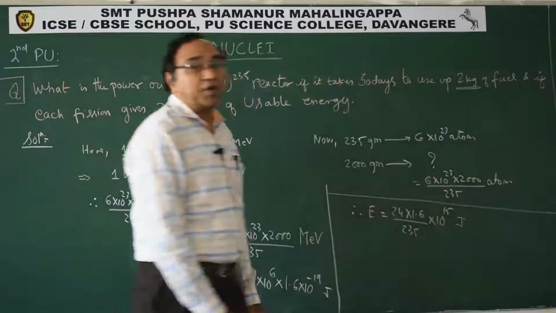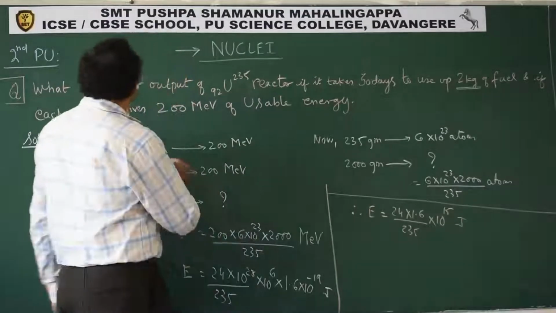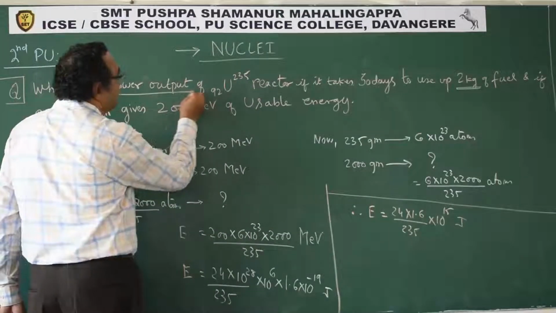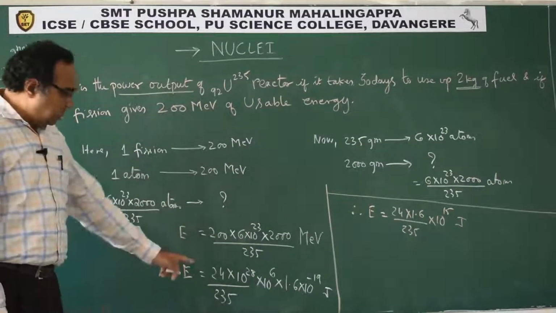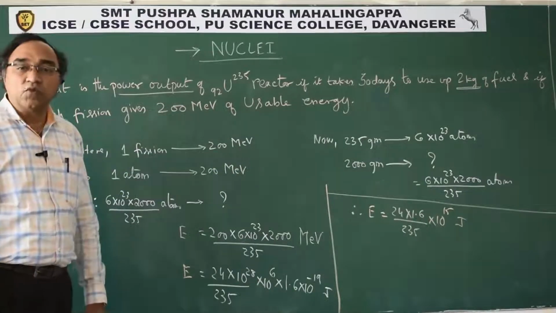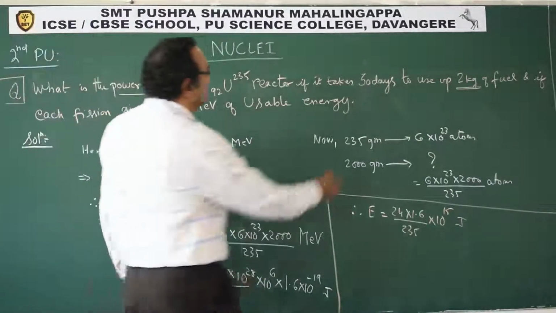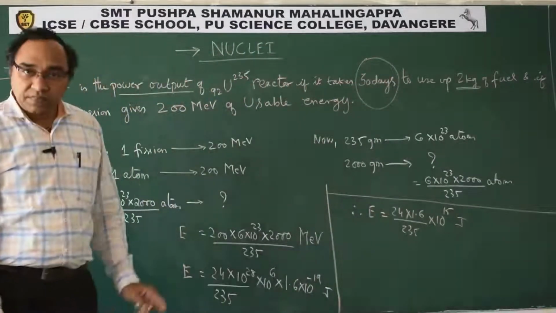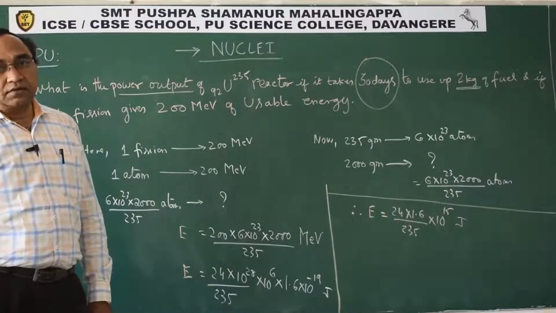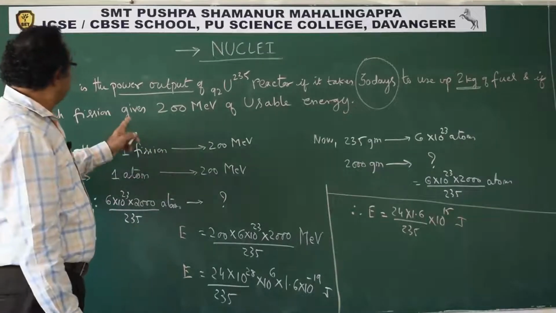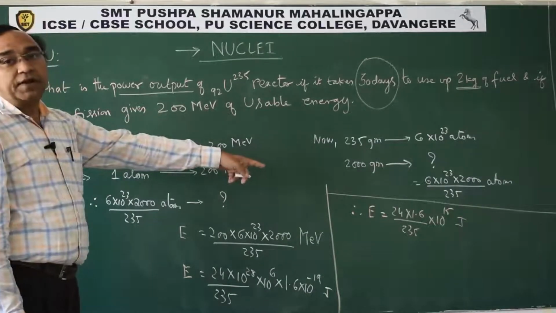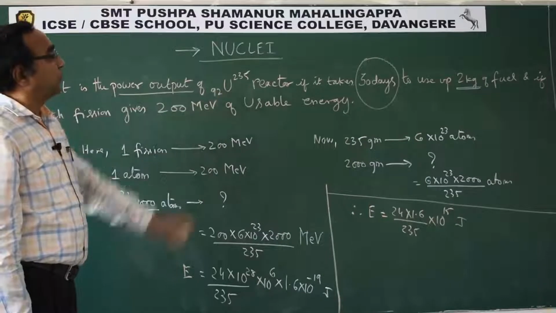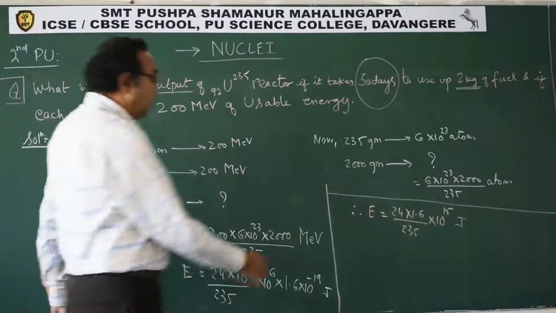Okay, now what is asked? Power output. This much energy is generated in how much time? 30 days. This much energy is liberated in how much time? 30 days. So what will be the power?